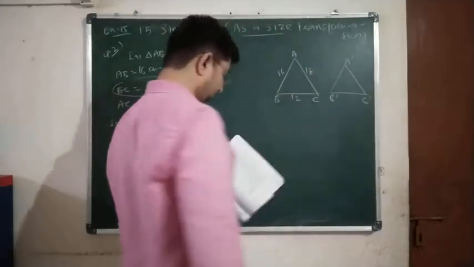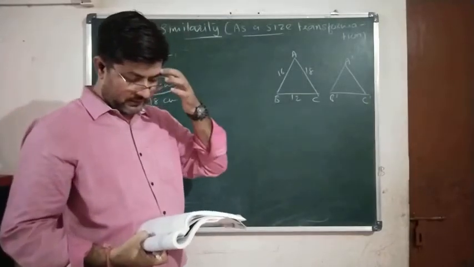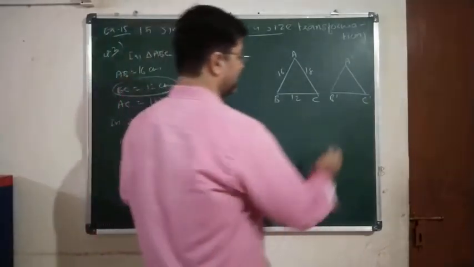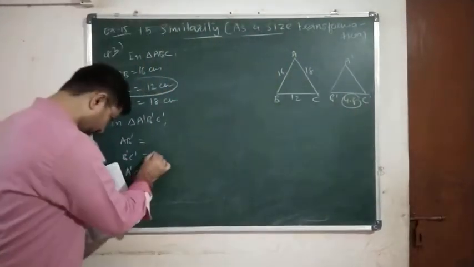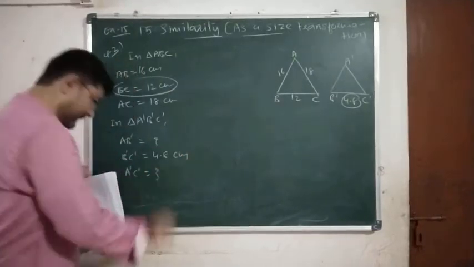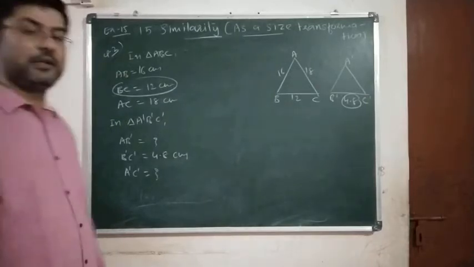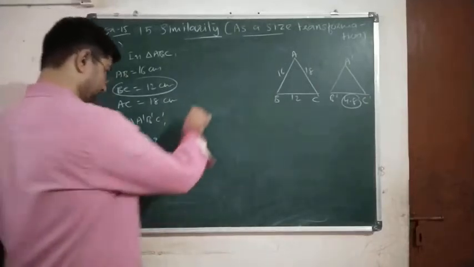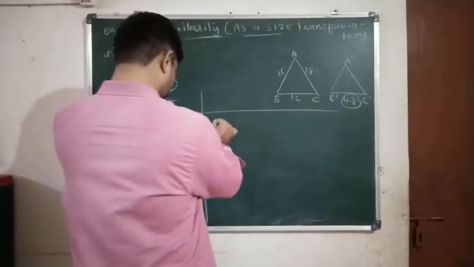Smallest side is 12. So the corresponding image of the smallest side is given to be 4.8 centimeters. Yes or no? So here B'C' is given to be 4.8 centimeters. A'B' and A'C' we have to calculate. But first of all, what we will calculate? Scale factor K.